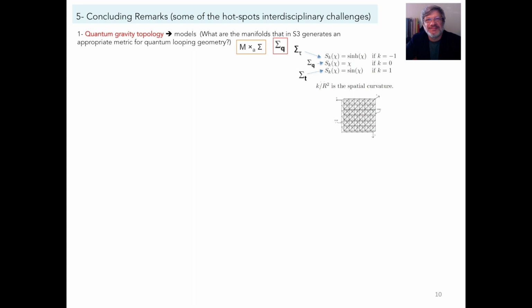Or I can say, what is the topological variety in S3 that generates an appropriate metric for quantum cosmology? That's the big challenge. Another great challenge to come is how to compute the homotopy groups of the quantum gravity manifolds.